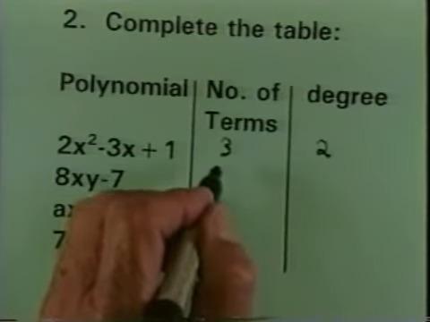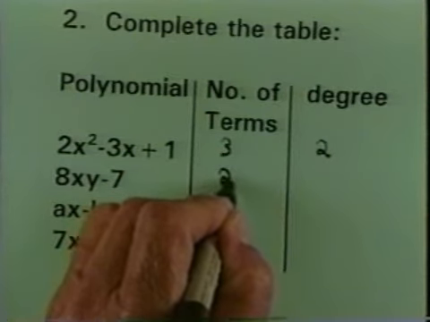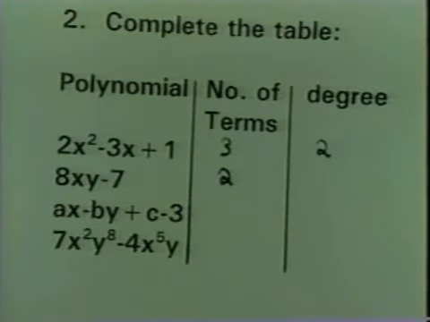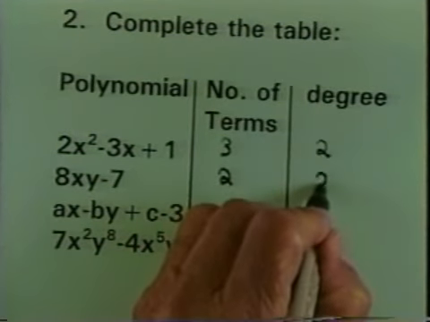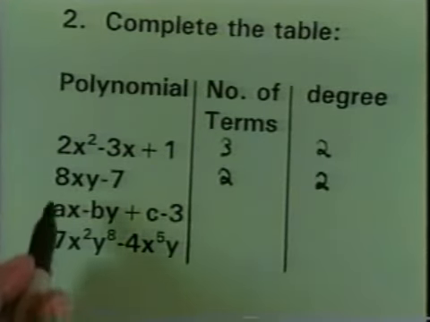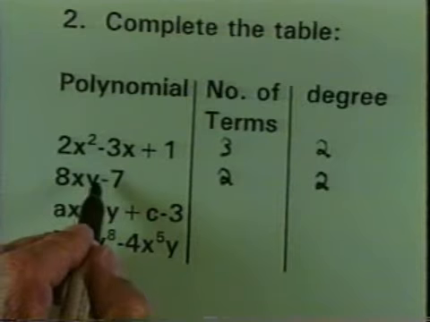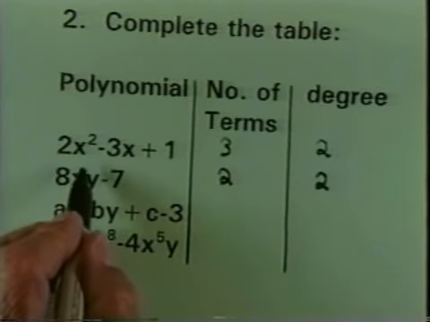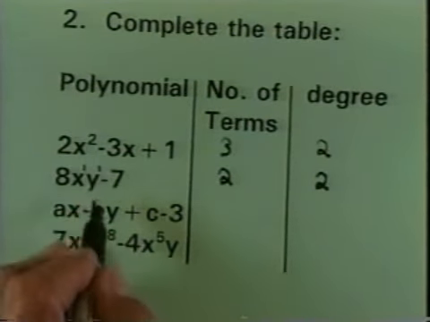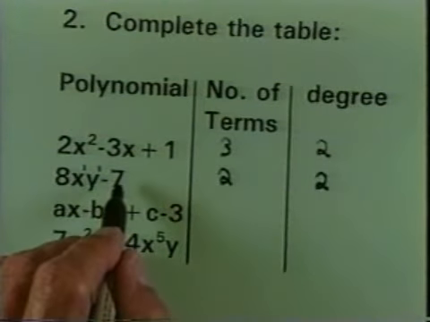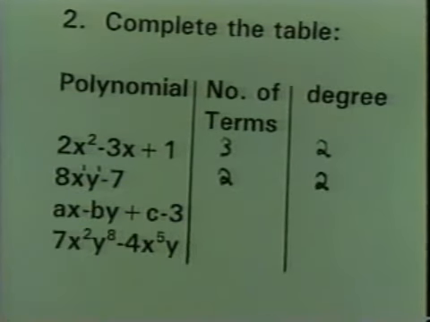For the second one, we have 2 terms. The degree is 2. The first term has degree 2 because I add the exponents. 1 plus 1 is 2. This term has degree 0.